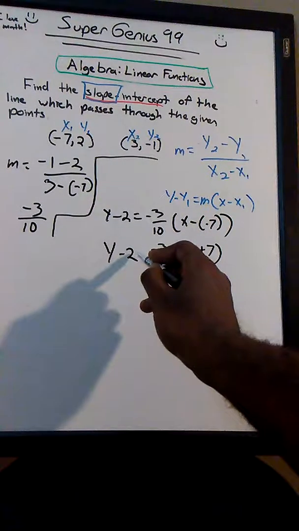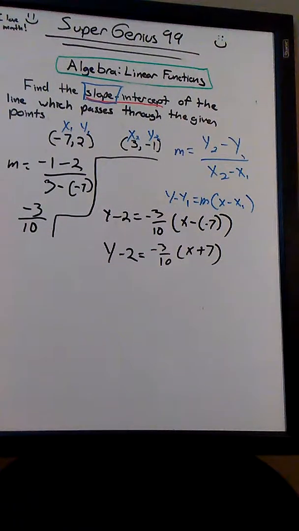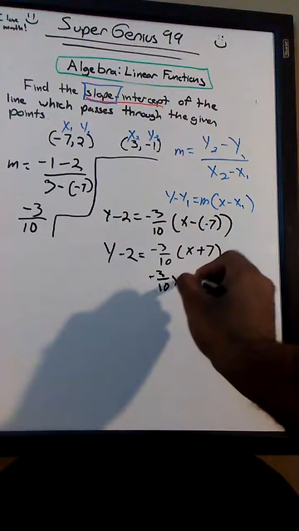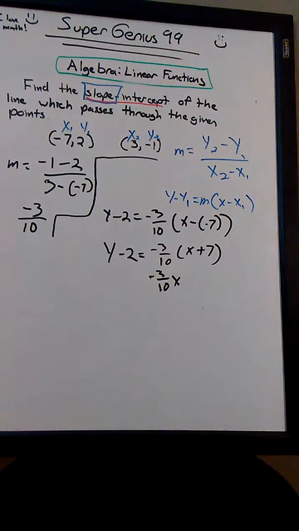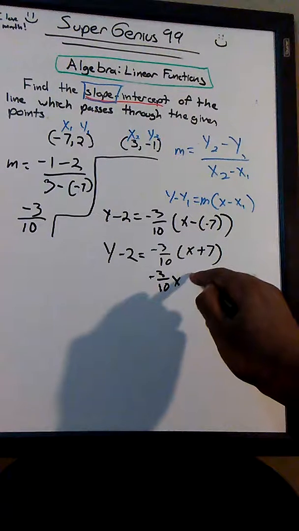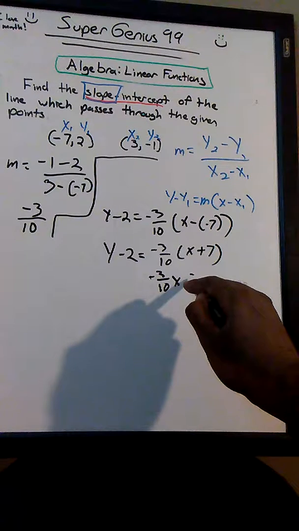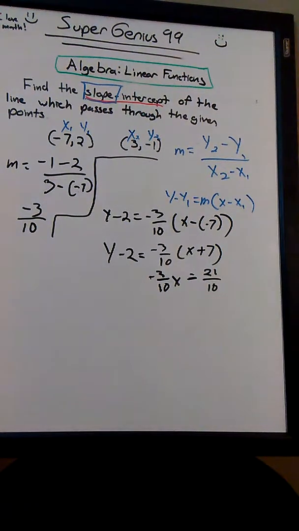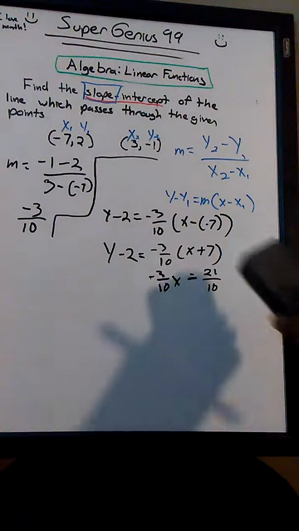Distribute that and you'll have negative 3/10 x, negative 3 over 10 plus 7. So negative 3 times 7, that's minus 21 over 10, 3 times 7.